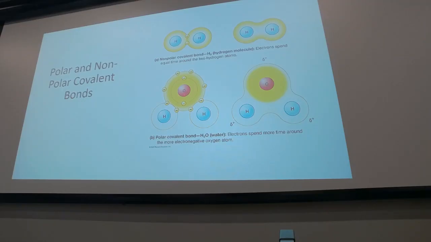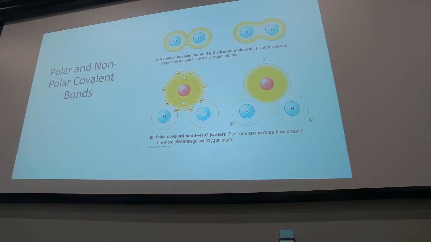So it has 2 in its first shell, and how many protons do you have? 8, right? So you're supposed to have 8 electrons. So you have 2 here, and then you have 6 in here regularly.